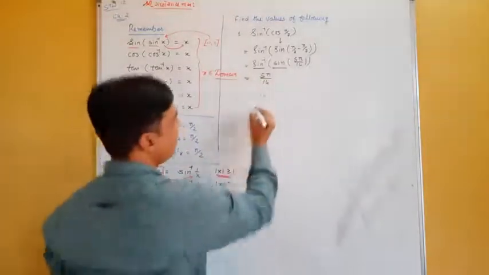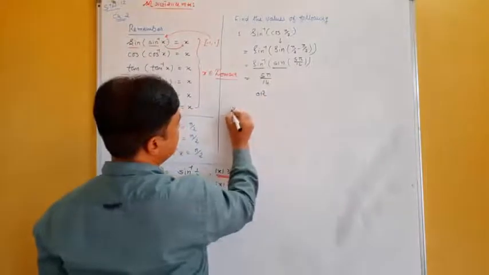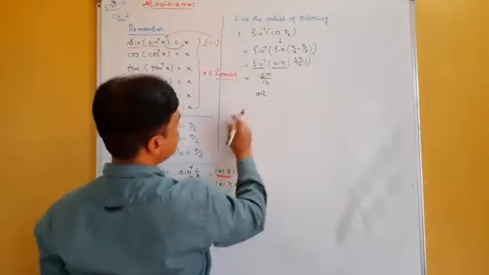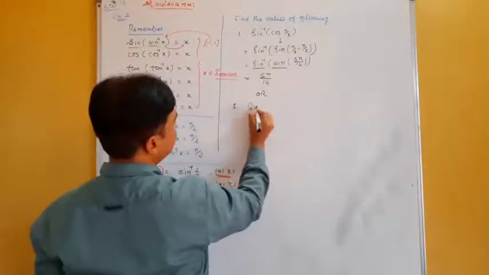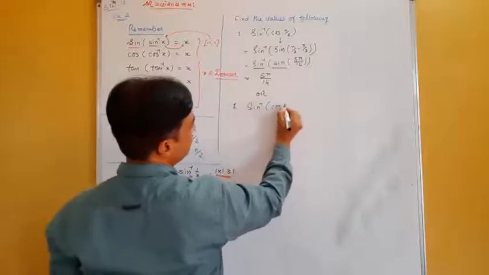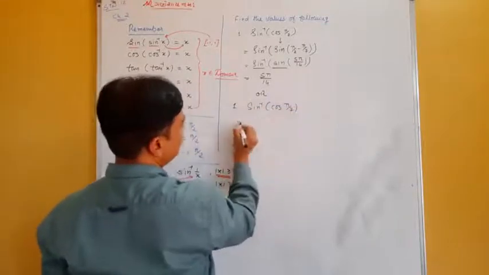Another way, the second method. Sin inverse cos pi by 7.